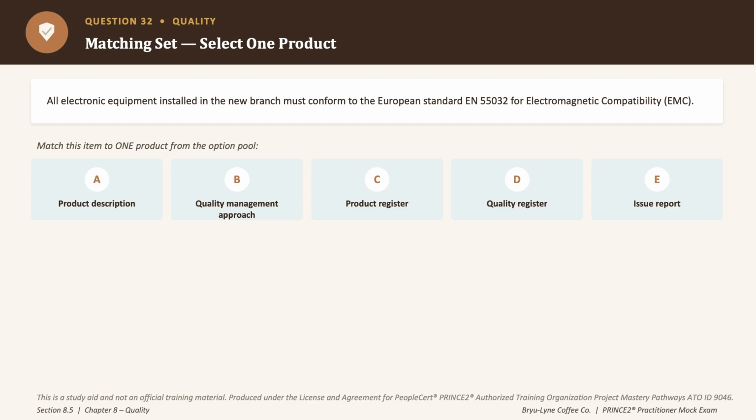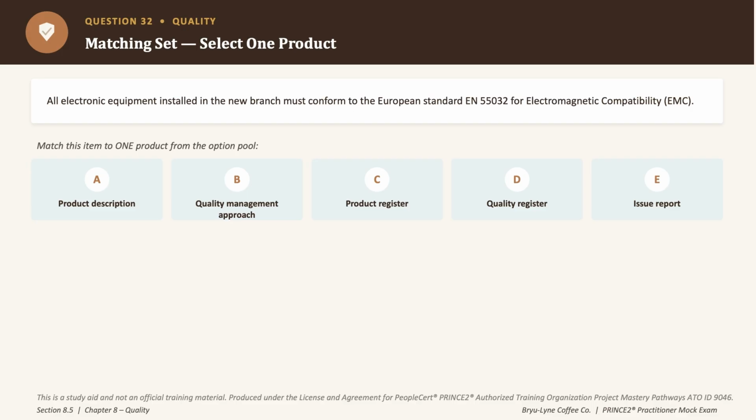Any standard that applies to quality management generally, including the composition and format of the quality register and other quality records as well. This is not the product description, that would only capture a standard specific to one product's composition, and it's not a blanket requirement spanning multiple products like this one, okay?